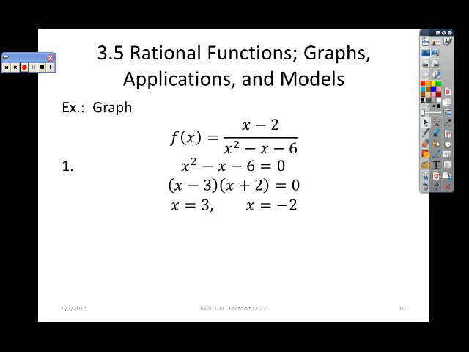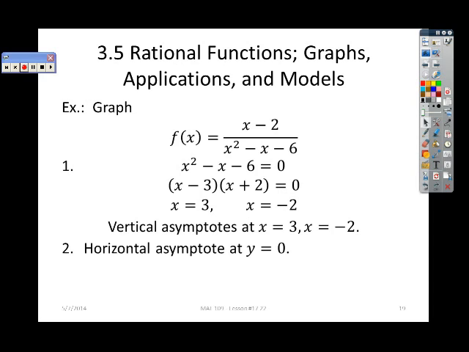Since you get real number answers, there are vertical asymptotes. These are the equations of the vertical asymptotes. So I have two vertical asymptotes, one at x equals plus 3, one at x equals minus 2. Then I go through with the horizontal, which gives me the y equals 0. So I have three asymptotes, two vertical, one horizontal.